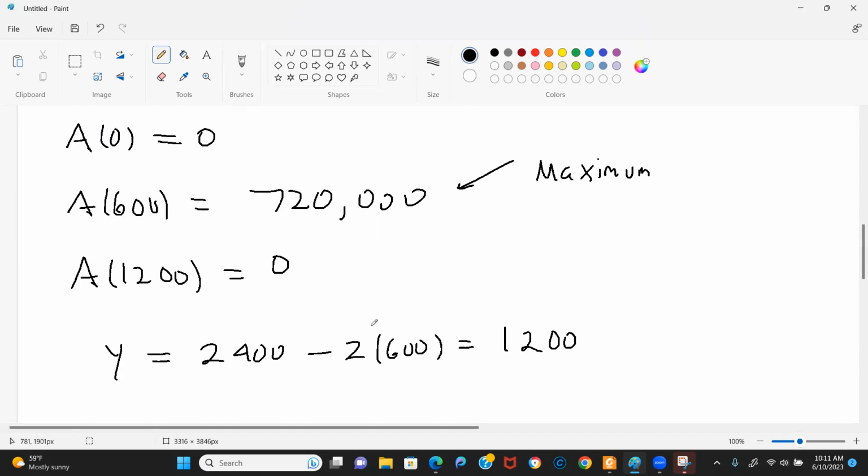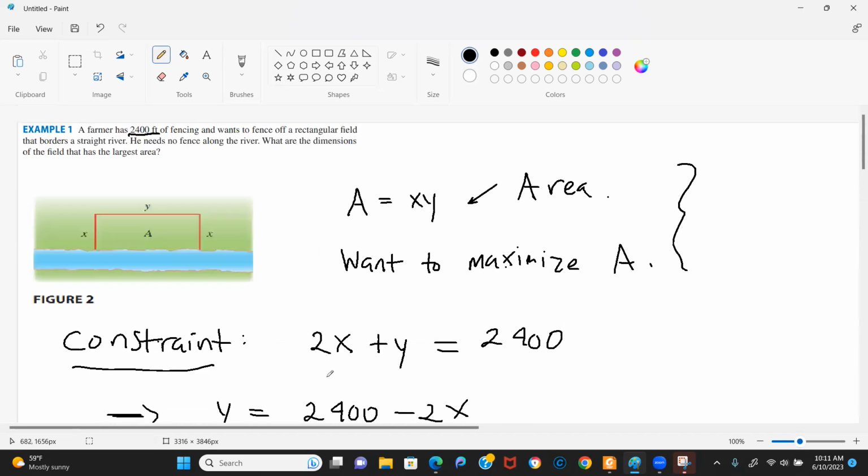So the side lengths for which this area is a maximum are when x is equal to 600 and y is equal to 1200. So in fact, it's going to be a proper rectangle, not a square, in this case. And yeah, so that's that.